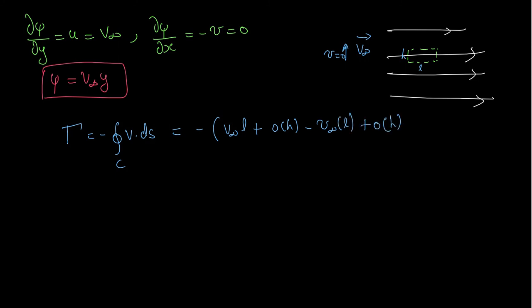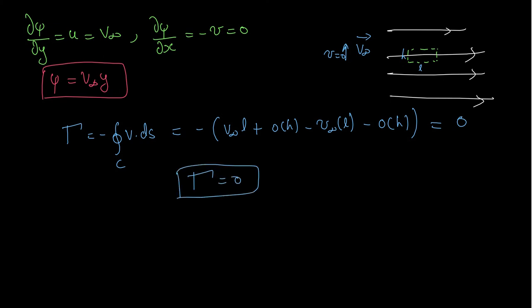It is minus 0 times h. So I can readily see that my circulation turns out to be 0 here. This is the case for a uniform flow. We get the circulation to be 0.